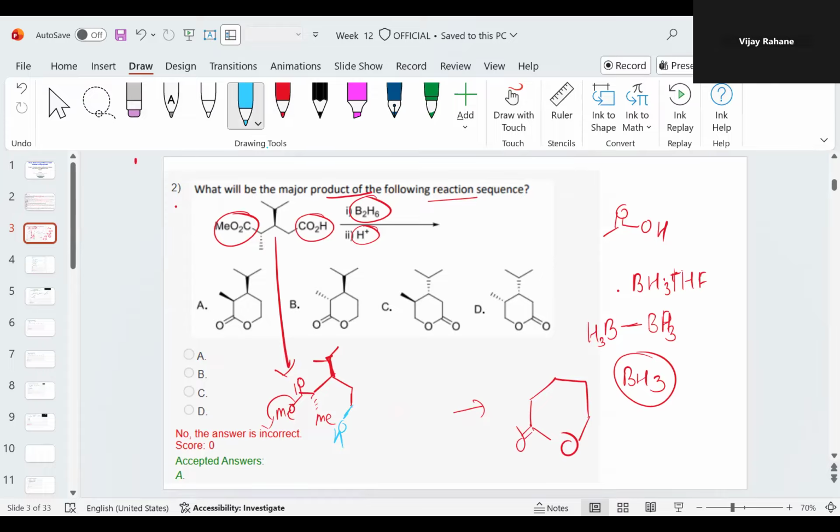Now the question about the stereo centers, right? If you look at the stereo center, this stereo center remains unaffected. So that will be as it is in the product. Up to here, I hope it's okay. Now what about the stereo center of this methyl?